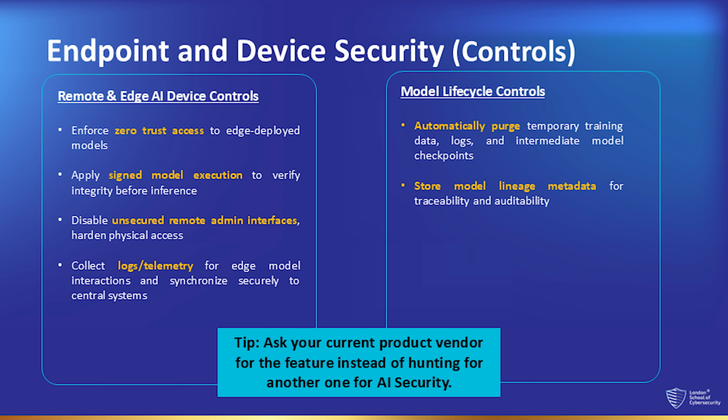Model lifecycle controls is, we talked about the equivalent of temp directory, right? So think about those temporary training data, the logs, the checkpoints between the different models, okay, or the different nodes.